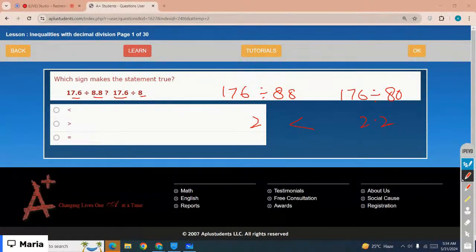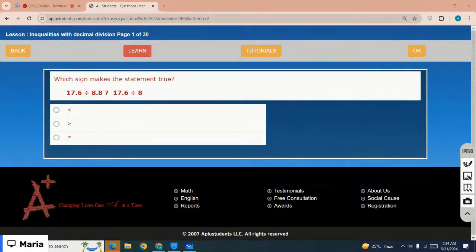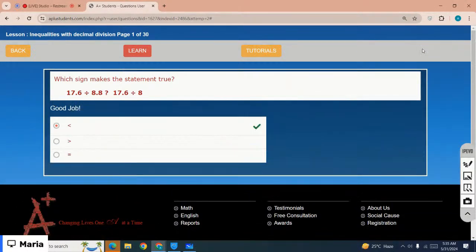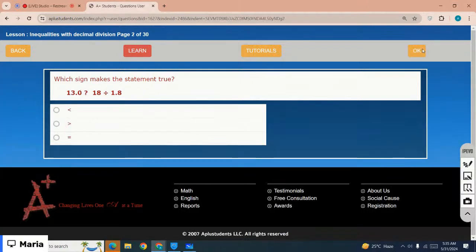Okay, the next one is which sign makes the statement true? 13.0 and 18 divided by 1.8. That is 13.